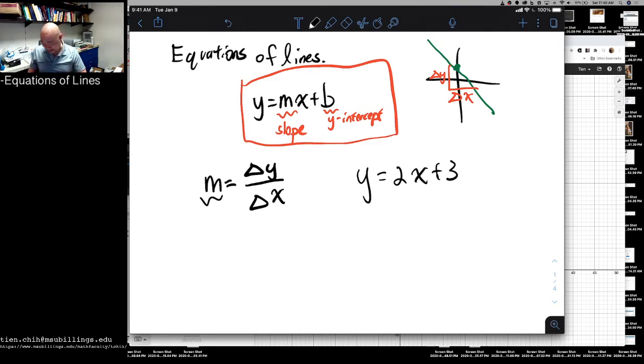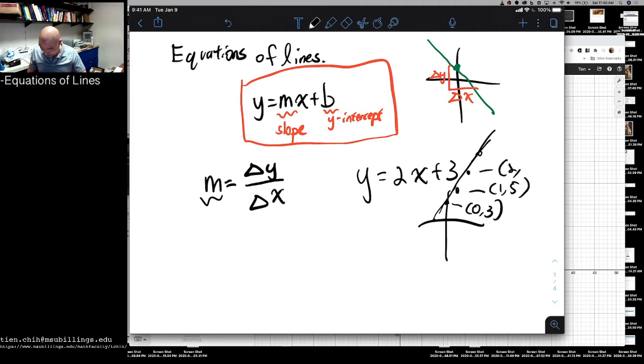What all this information is telling me is I'm starting at 3, and then every time I increase x by 1, the y value should be going up by 2, right? So when x is 0, y should be 3. When x is 1, y should be 5. When x is 2, y should be 7.